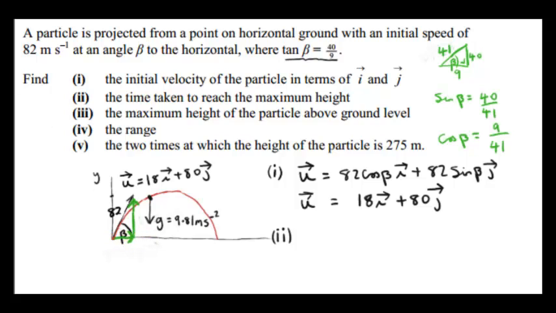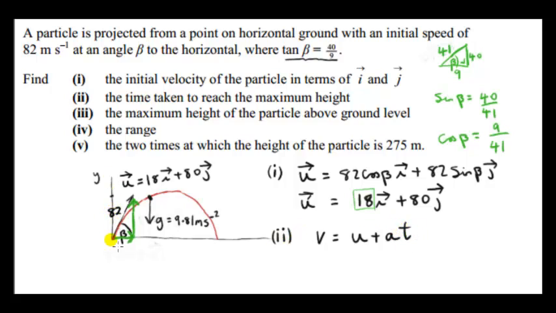The velocity in the x direction is always 18 meters per second. It doesn't change. It's the velocity in the y direction that changes, because there's an acceleration in the y direction. There's a constant acceleration in the y direction. So we're dealing with linear motion with constant acceleration.